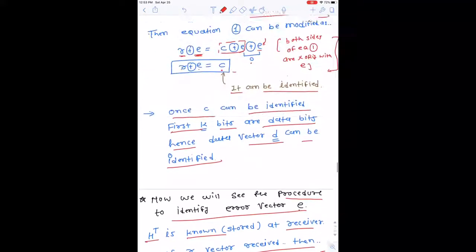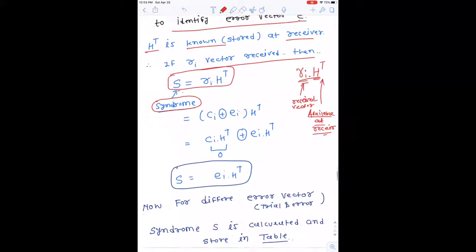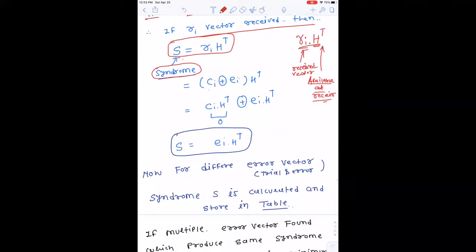Now we already mentioned that Ri is defined as Ci XOR Ei. If I put the same equation here, it is (Ci XOR Ei) multiplied by H^T. If I individually multiply H^T with each term, it is Ci H^T XOR Ei H^T.